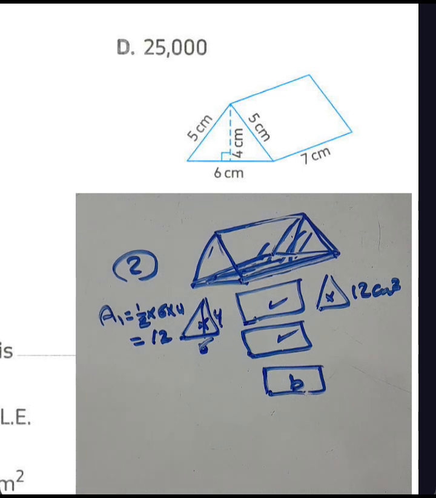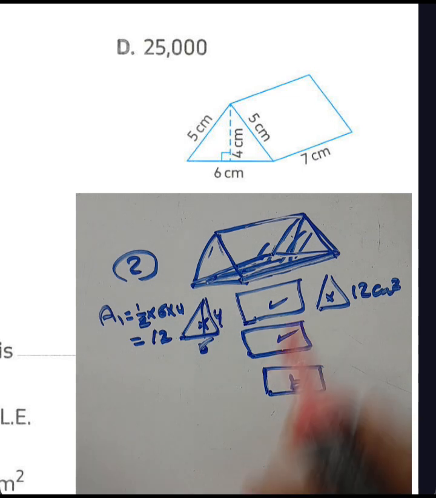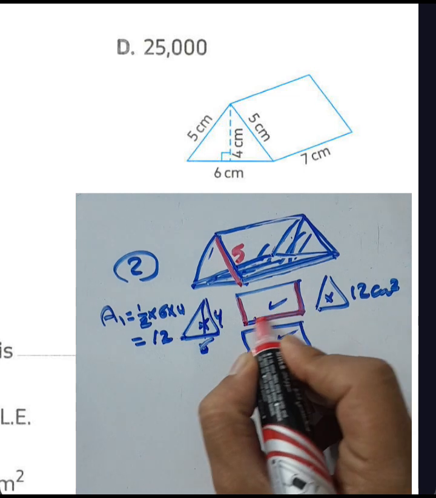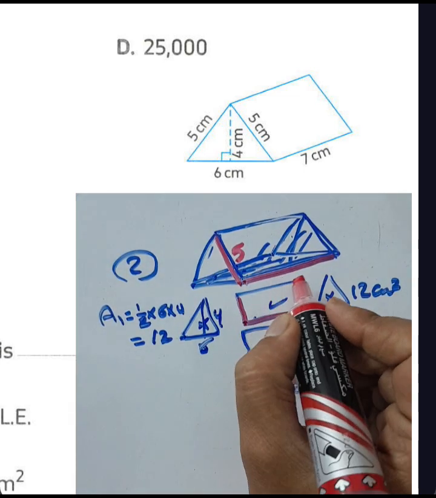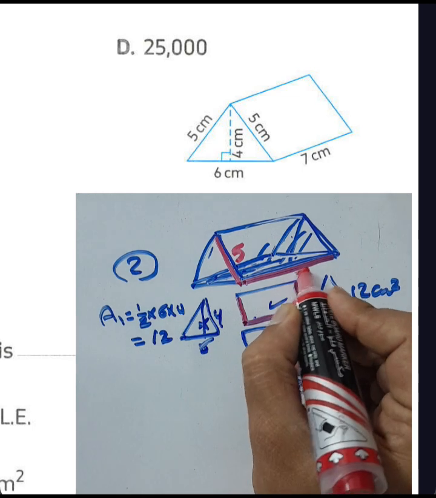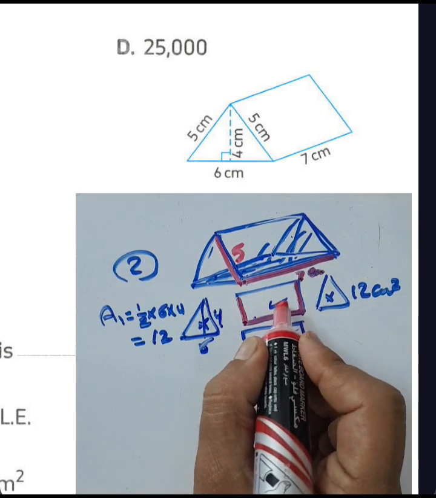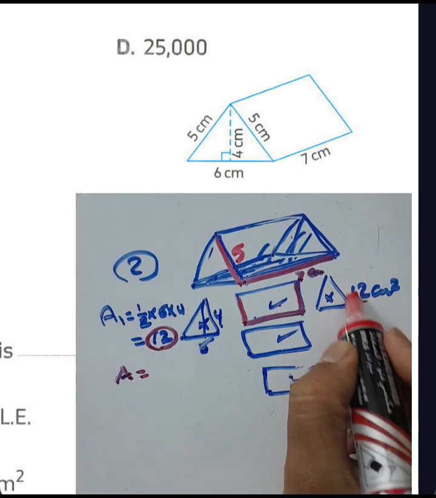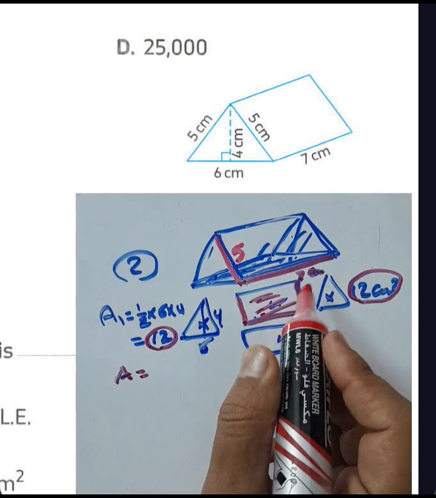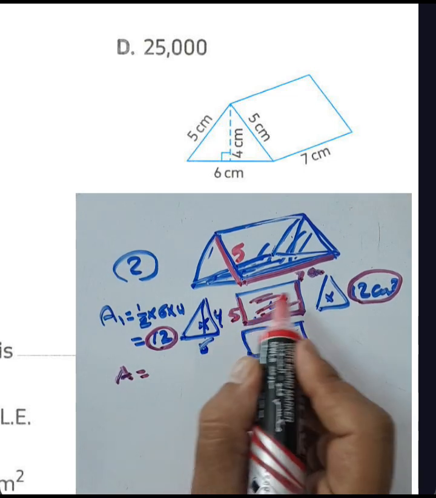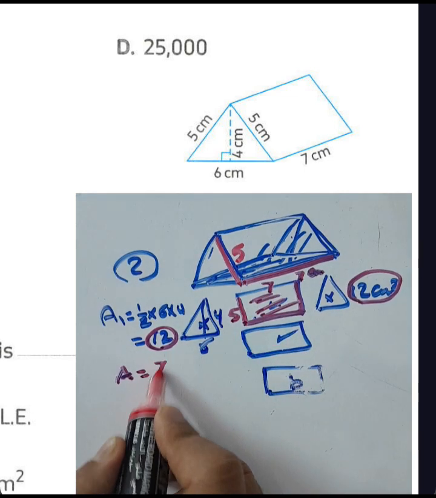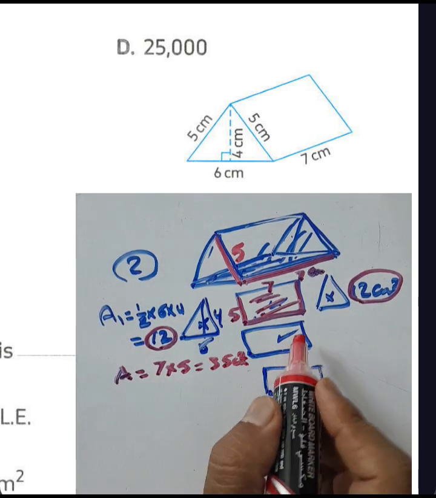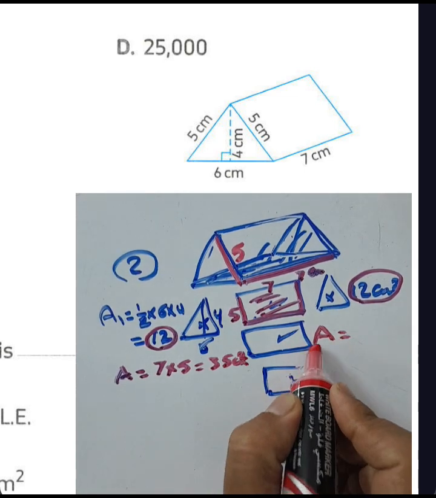The length was 5 centimeter, as given in the example, and the length in the base here was 7 centimeter. So the area of one triangle is 12, and the next triangle 12, and the area of this rectangle, 5 multiplied by 7, length times width, will be 35 square centimeter.